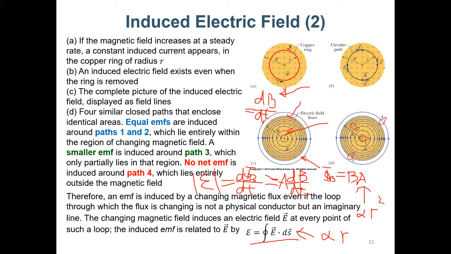So A will increase faster than S. So near the edge, there will be a stronger induced E field.